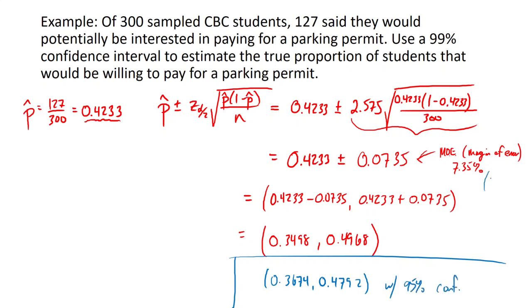Right? And it was 5.59% with 95% confidence. So the margin of error goes up because your confidence increased, so your interval gets wider as your confidence goes up.